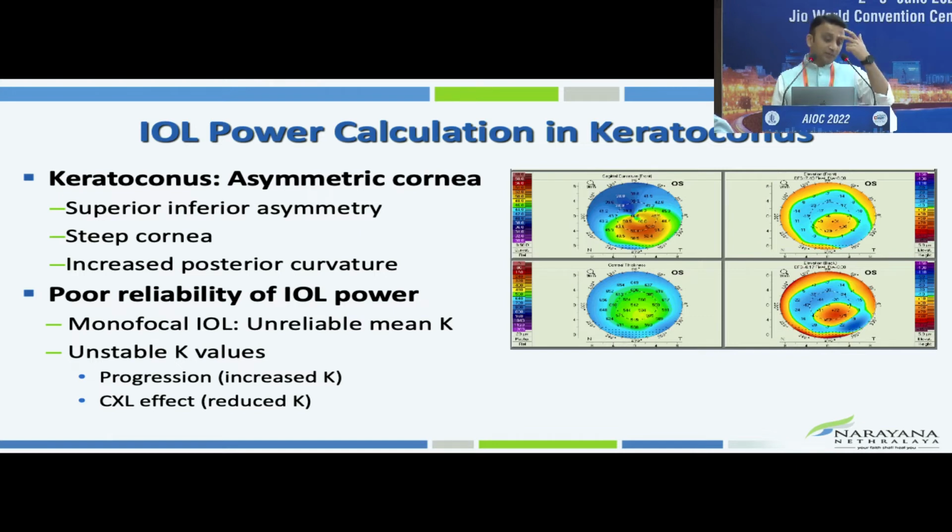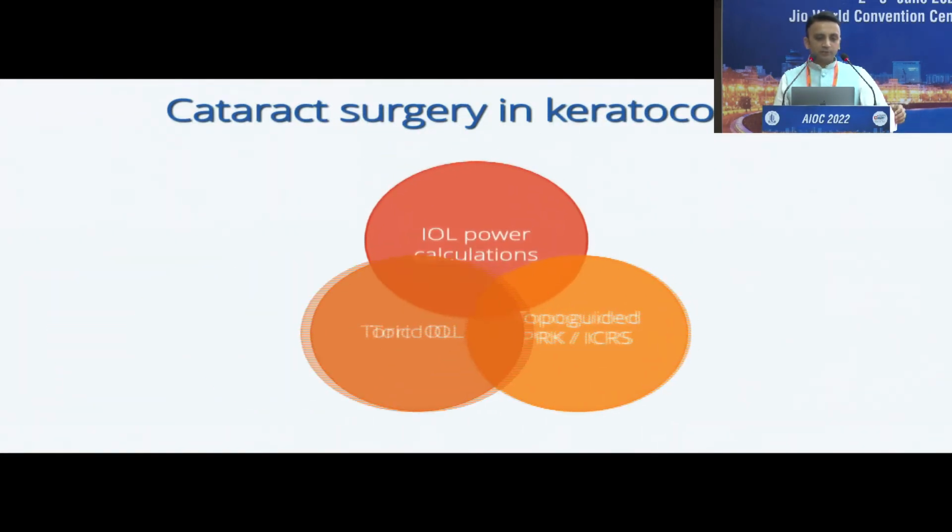The reliability of IOL power can be quite questionable or challenging, hence it's better to go for monofocal lenses only, and especially if the K values are not predictable, it's better to wait for the K values to stop, or rather do a cross-linking and then think about the surgery.